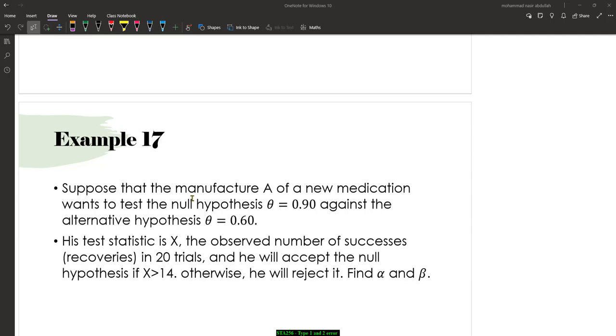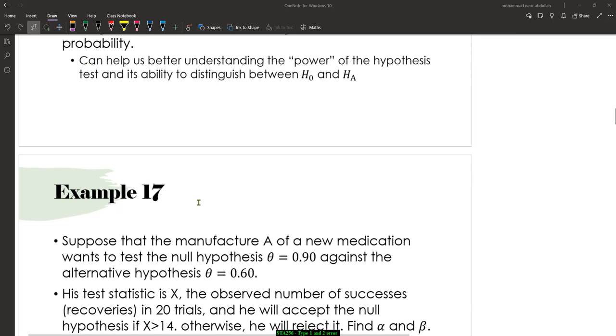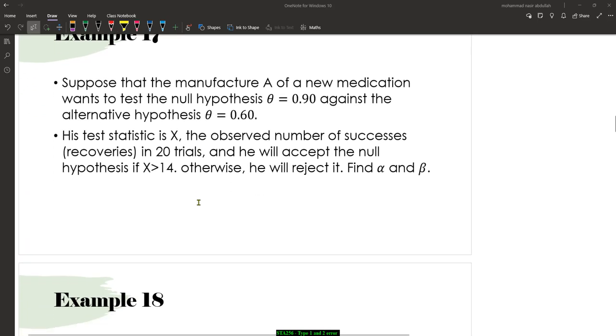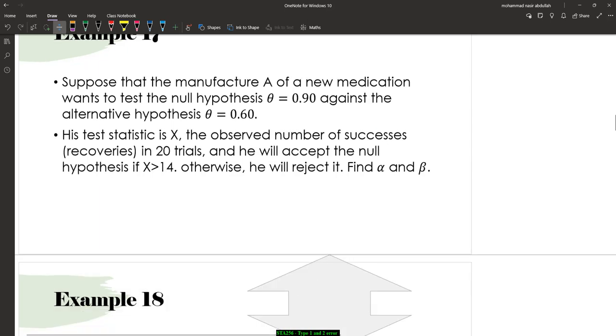In example number 17, let me make some space here.